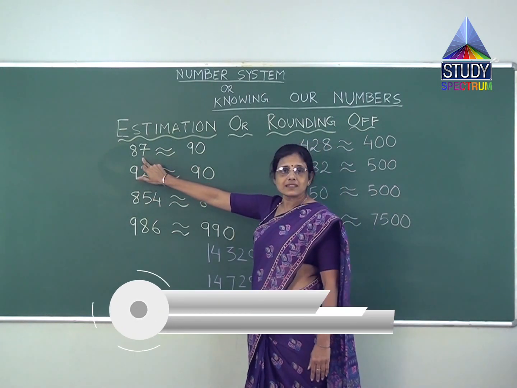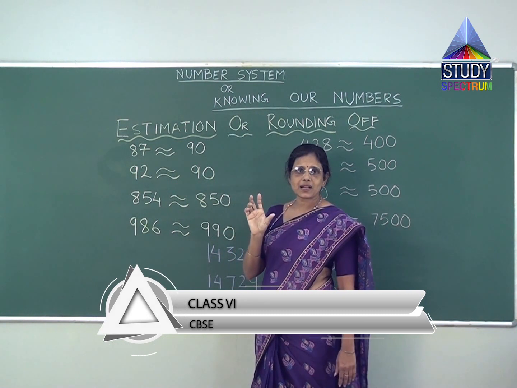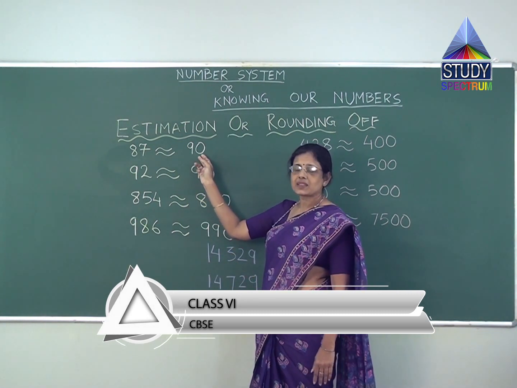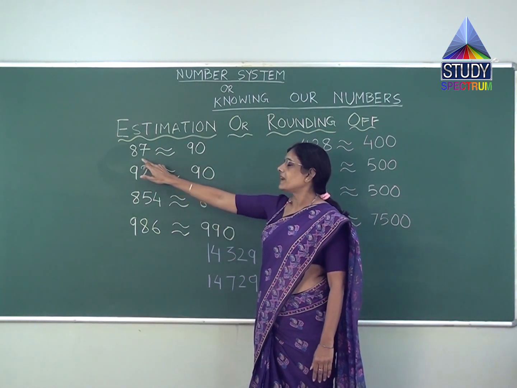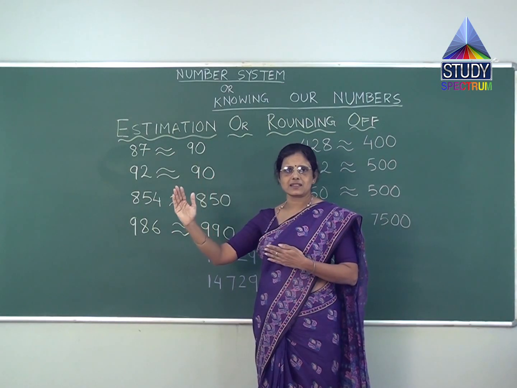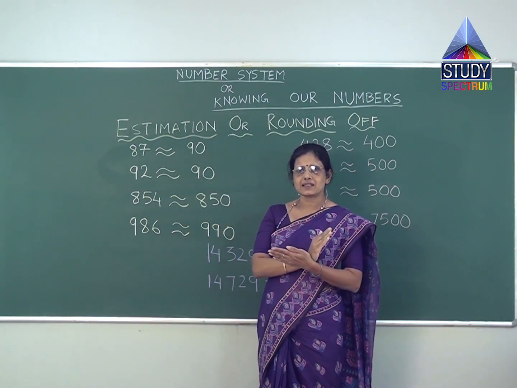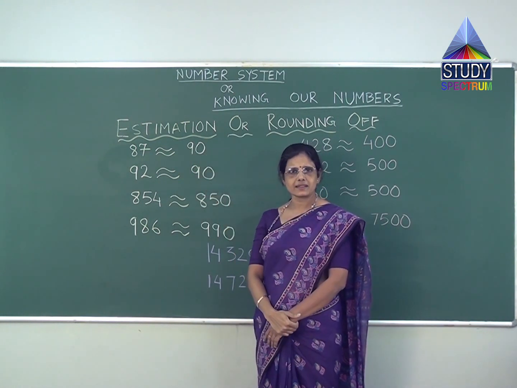And in the units digit you have to write 0, that I already told. So the number comes 90. This is called the estimation or rounding of 87. So it means 87 is towards 90, not towards 80. So that's why I can say the round off is 90.